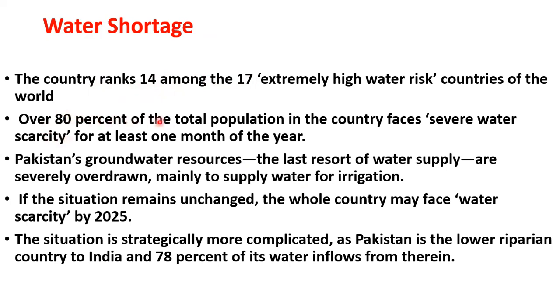Over 80% of the total population in the country faces severe water scarcity for at least 1 month of the year. Underground water is going down because of severe overdrawing; we draw too much water, with taps and tubewells installed, clear, for irrigation, and people waste all this water.